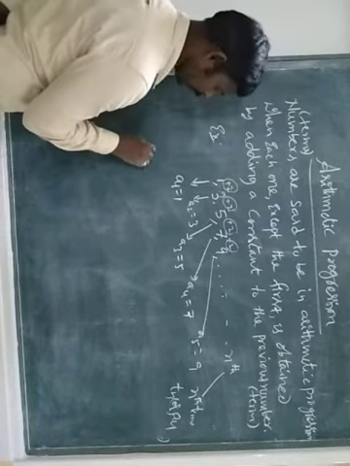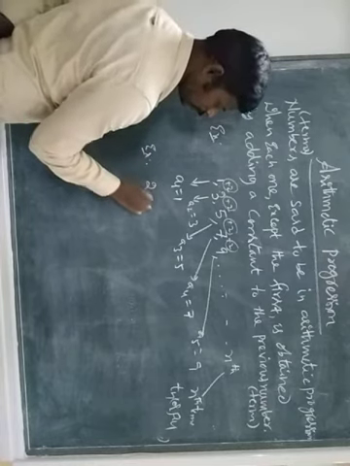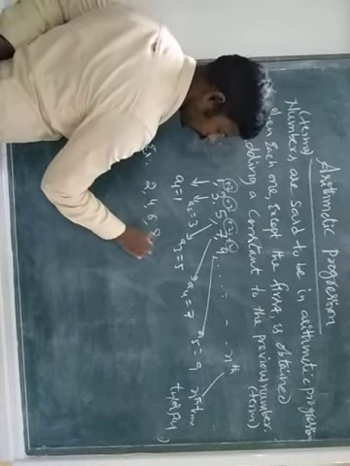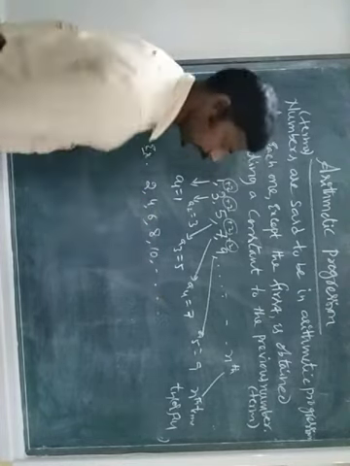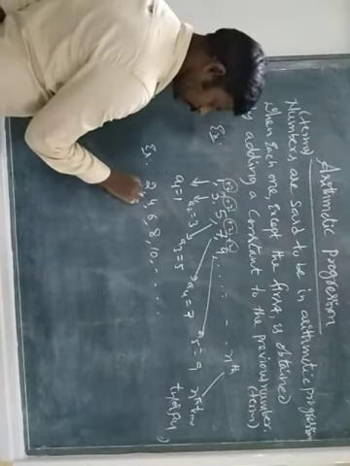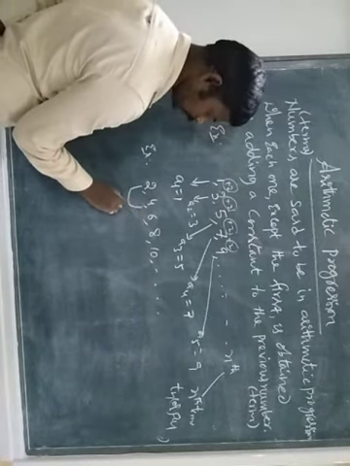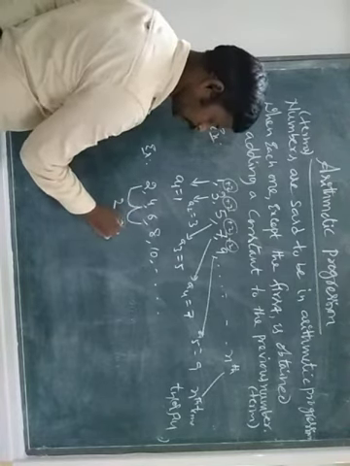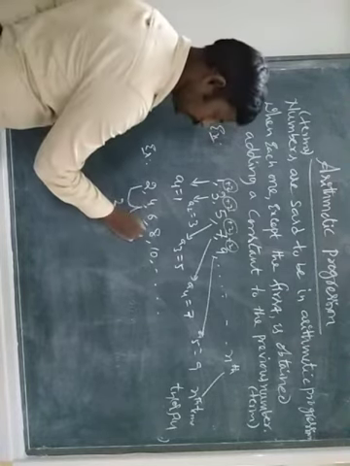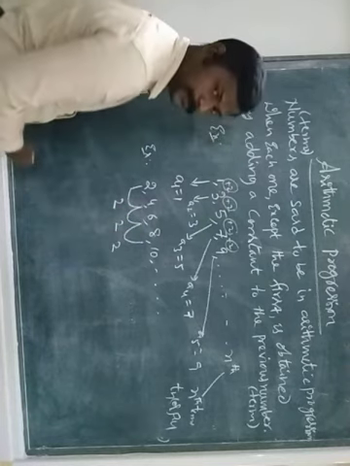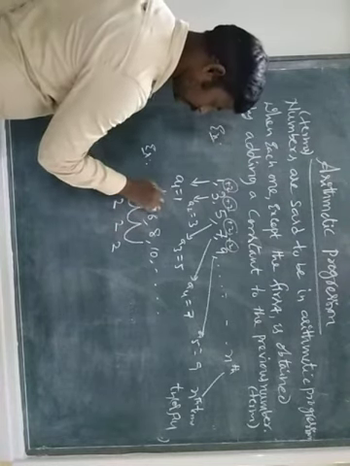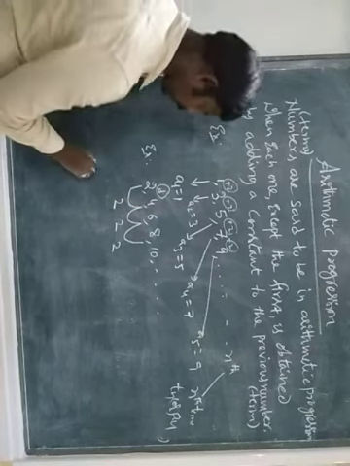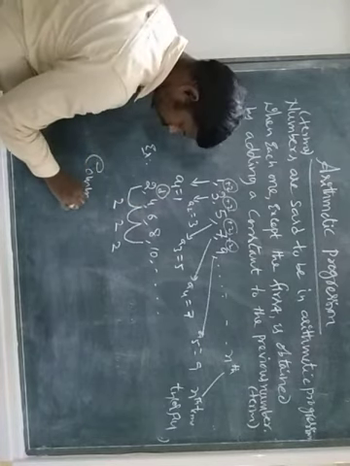Take one more example: even numbers, 2, 4, 6, 8, 10. It is also in AP. Why? Because the difference between 2 and 4 is how much? 2. That means adding 2. 4 and 6, the difference is 2, that is 4 plus 2 is 6. 6 and 8, the difference is 2. So this is called the common difference.